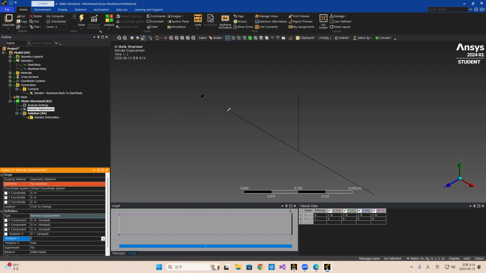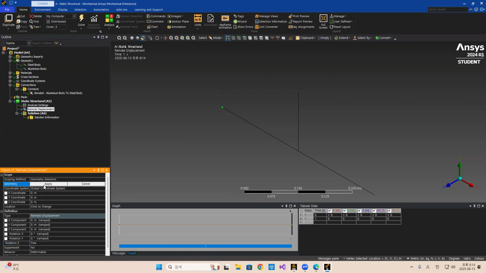I mean, it can deform like this. I am allowing this one to rotate about the z axis, so the z component is not zero. It is free.